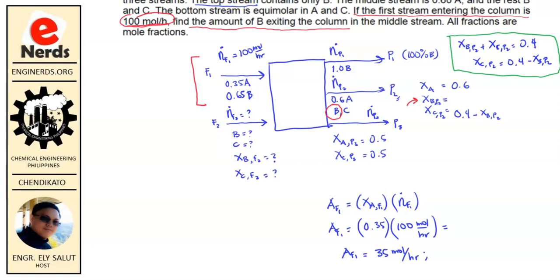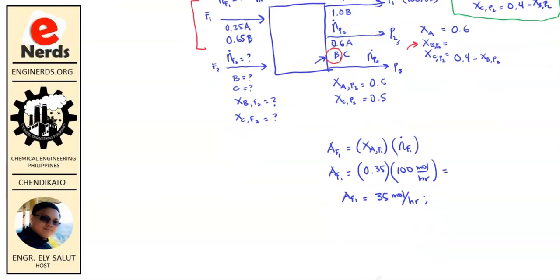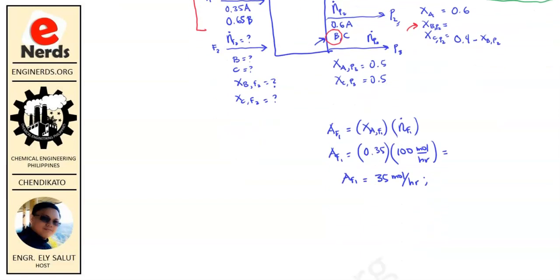So, ang hinahanap natin dito is itong B. So, paano natin makukuha yung B natin? So, we'll have to use the same formula. So, we have here B in P2 is equal to the XB in P2 times yung ating molar flow rate sa P2.